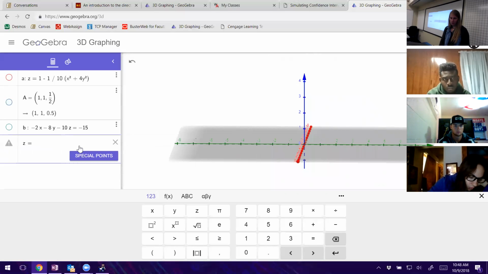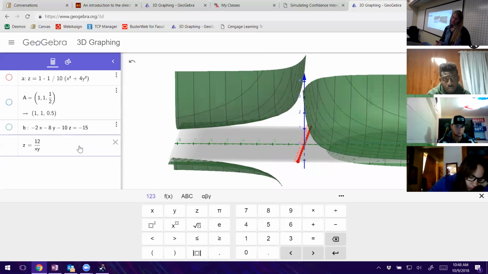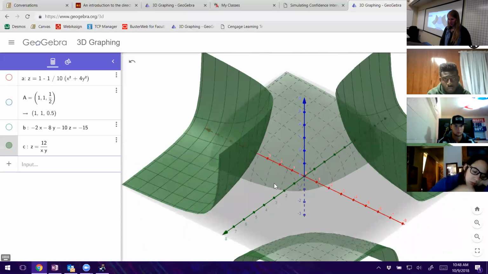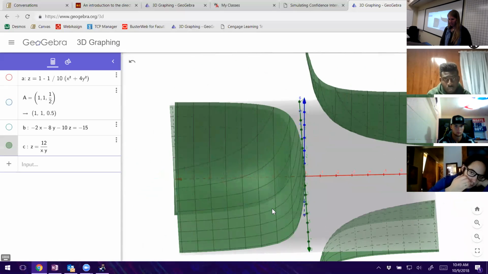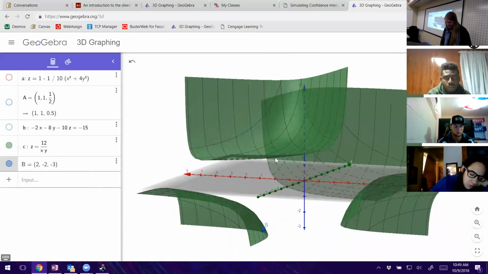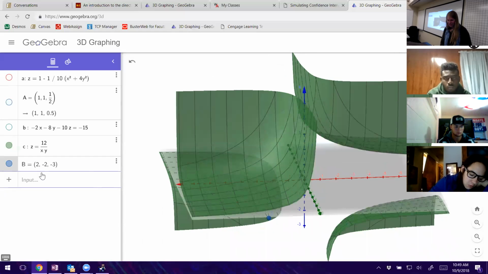So z is equal to 12 over xy. Okay, yes, I guess it does that better. So there's the surface we're talking about in this question. The point is 2, negative 2, 3. And there's that point down here on the bottom of this.